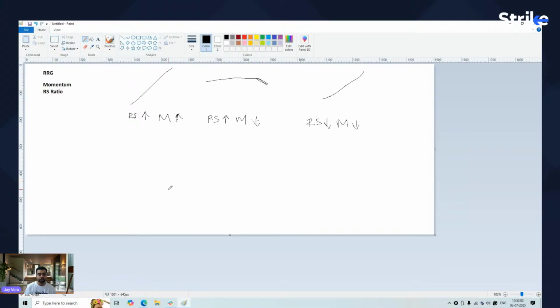And then there is the fourth one, which is something like this, where it shows that the RS is actually going bad. Okay, because over here, say it would have been 99, then it is angling towards the northwest type. So that's where the RS is going down, but the momentum is rising higher, right? So these are the four kinds of moves that you will see happening in RRG.